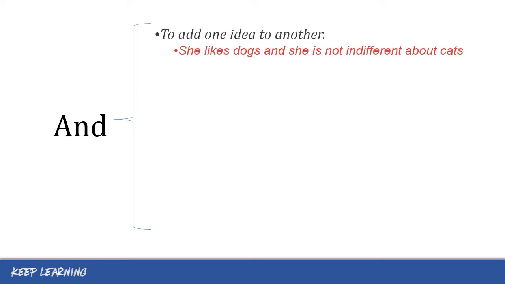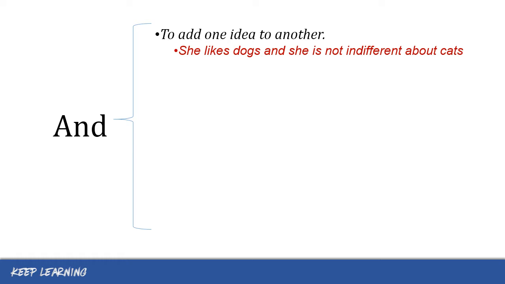The first one is and. Okay, now you know and. Let's talk about three cases in which and is useful as a connector. The first one, and the most basic one, is to add one idea to another.